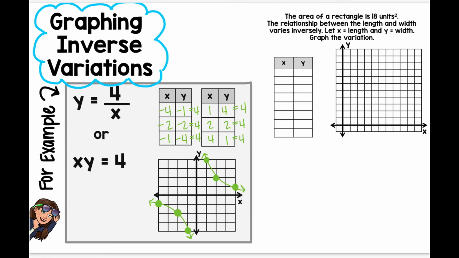Let's do another example with a word problem built into it. The area of a rectangle is 18 units. Let's stop right there and talk about the area of a rectangle. The area of any rectangle or square is always the length times the width.